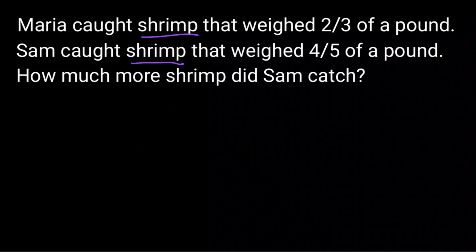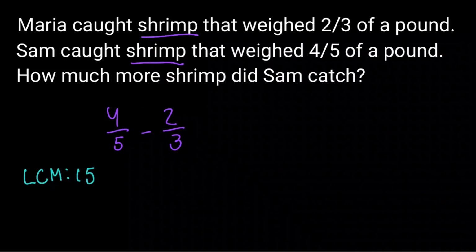So it'll be 4 over 5 subtract 2 over 3. The lowest common multiple of 5 and 3 is 15, so we'll need to change the fractions to have 15 as their denominator. To do this, we can multiply the first one by 3 in both bottom and top, and the second by 5.